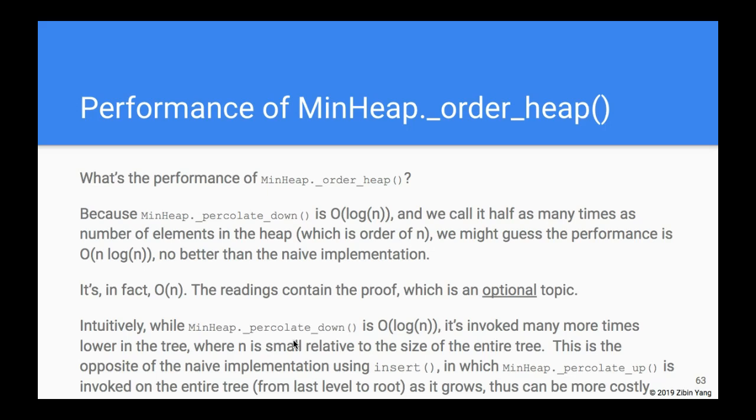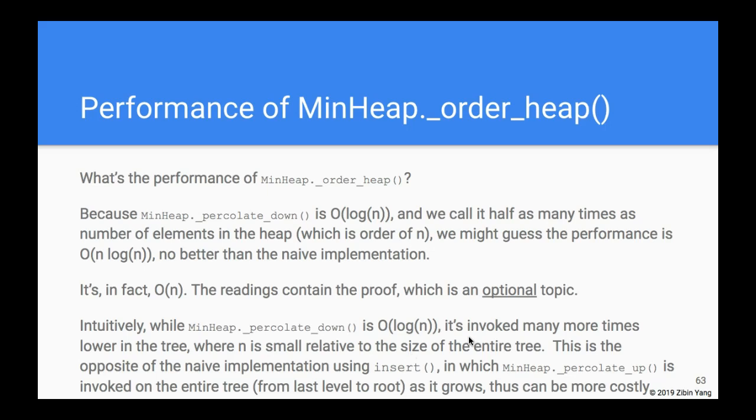So even though it does more work per percolate down, the number of times that it's called is already halved. When you repeat this process and get to the root of the tree, it takes longer to percolate the element at the root down to the bottom, but it's only called 1 time. So this is actually what gives it the speed.